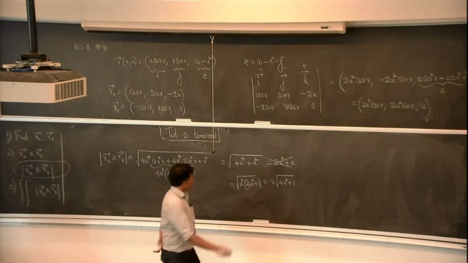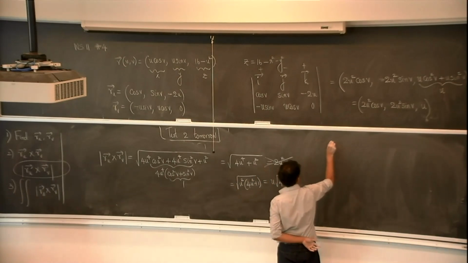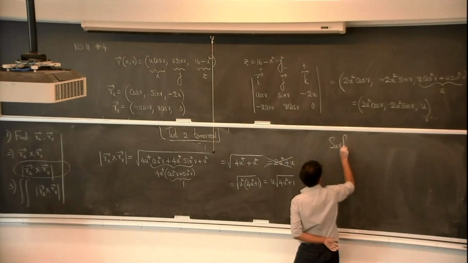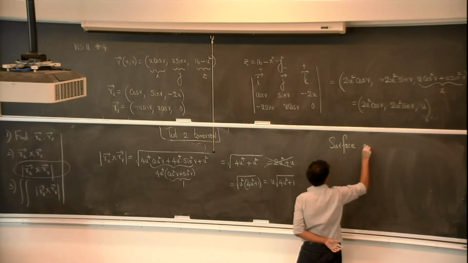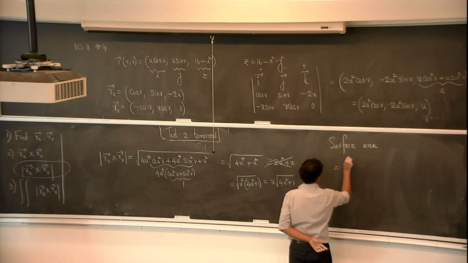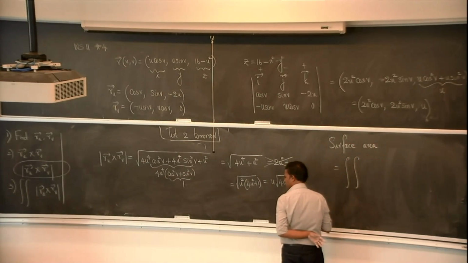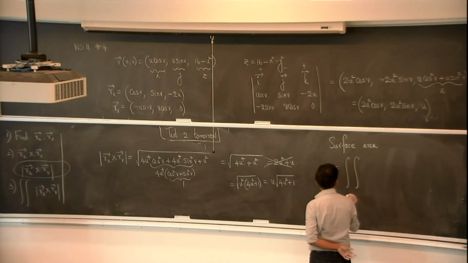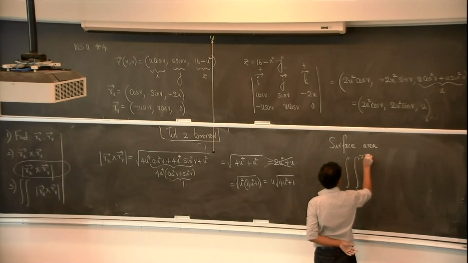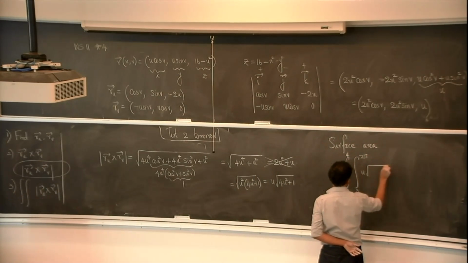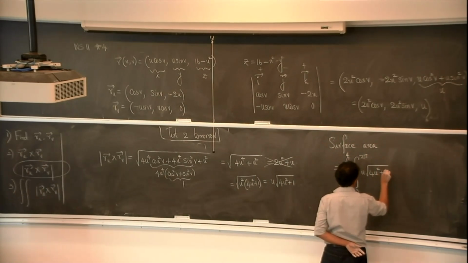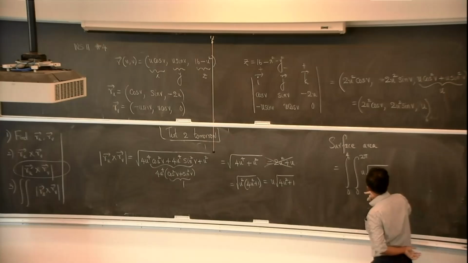All right, now let's do the integral. So the surface area would be the double integral. Can you remind me the limits, please? Pi or 2 pi? U times the square root of 4u square plus 1. And these were for v.